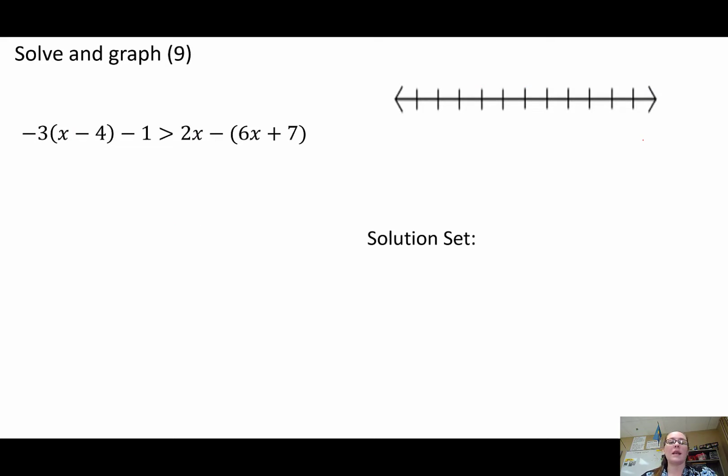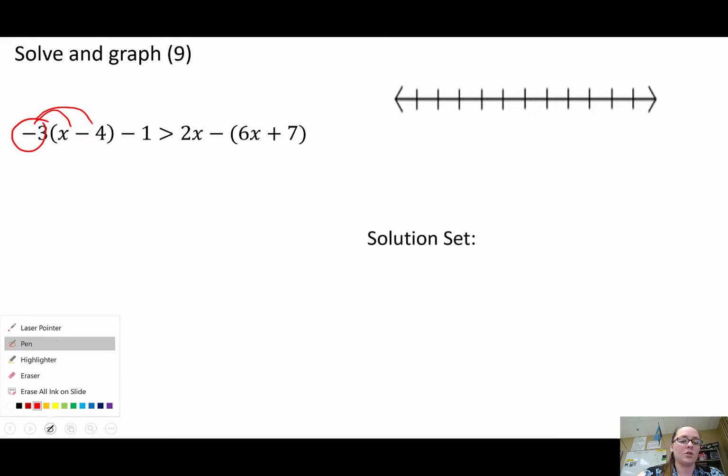All right, let's look at the next one. Negative 3 times x minus 4 minus 1 greater than 2x minus x plus 6x plus 7. All right, so I'm going to do my distributive stuff first. So I'm going to distribute the negative 3. And I'm going to distribute the negative 1.